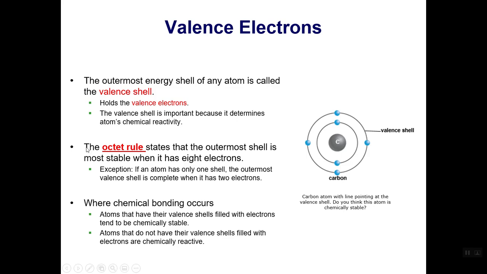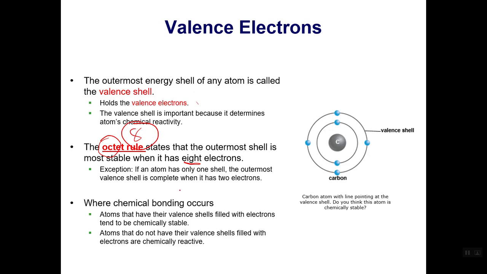Another rule you need to be aware of is the octet rule. All right, let's break down octet. Oct, what does oct mean? It means 8, right? The octet rule states that the outermost shell is most stable when it has 8 electrons, which is the most that it can have, with the exception of very small atoms like hydrogen and helium, which only have 1 and 2 electrons respectively.